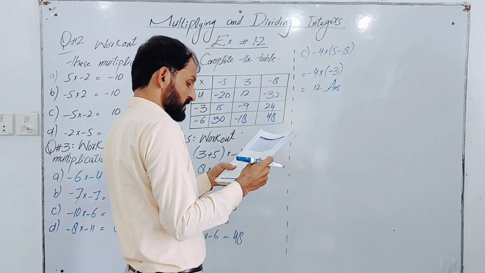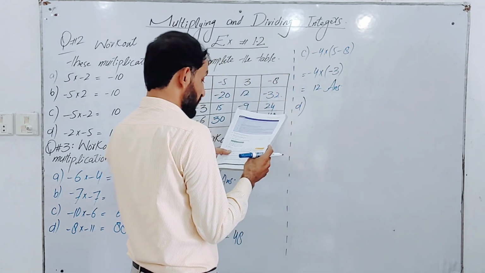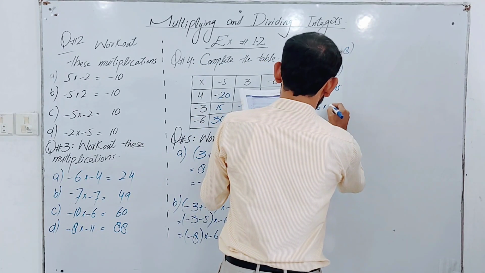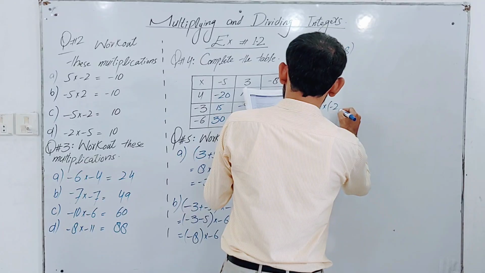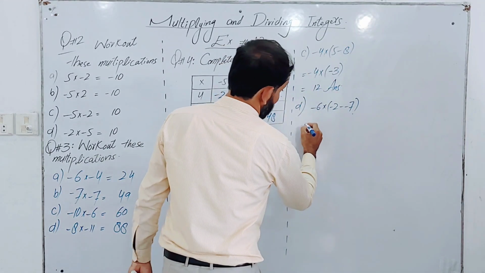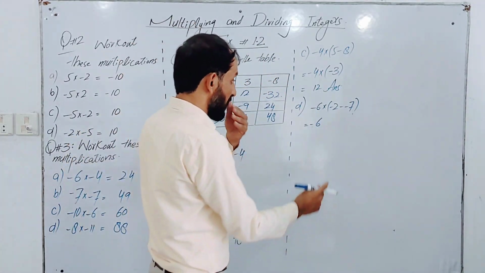The last part of question number 5 is D part, minus 6 multiplied by minus 2 minus 7. Again, minus 6 we have to write down as it is.